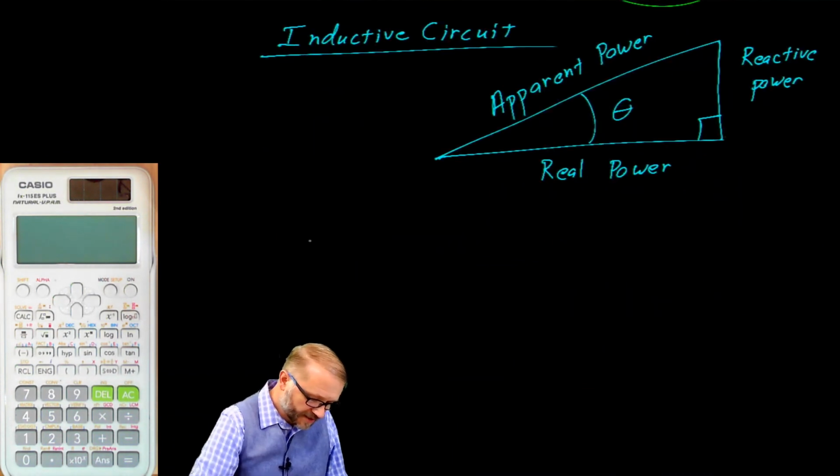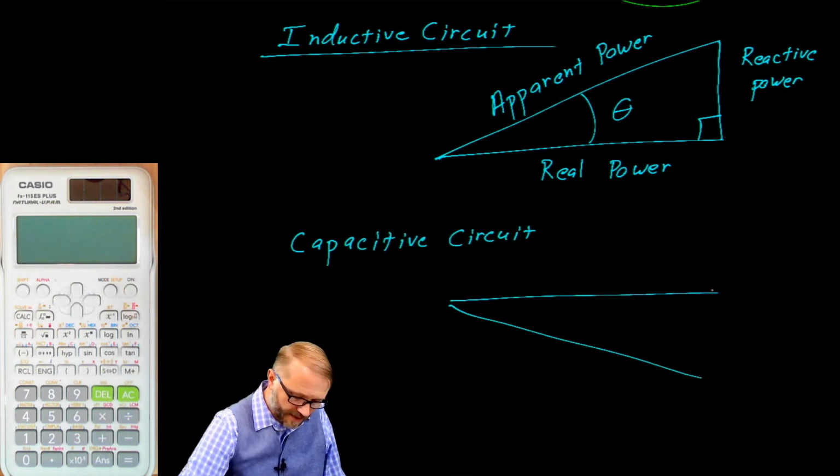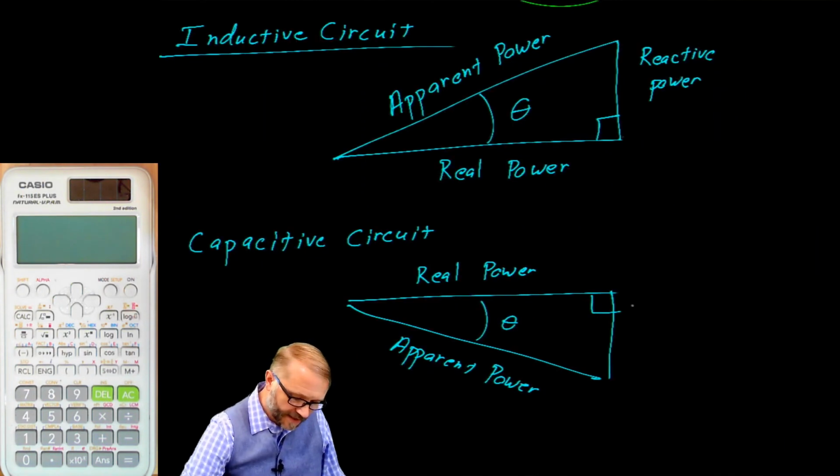If we have an inductive circuit, we have a capacitive circuit. And there, it turns out it's negative. Again, with real power here, angle theta, apparent power, and negative reactive power.